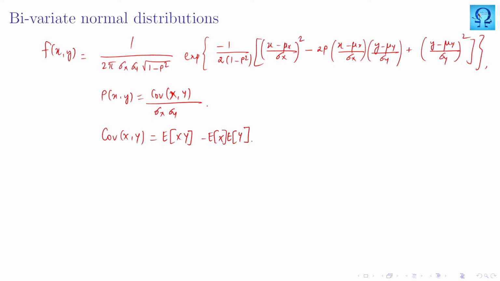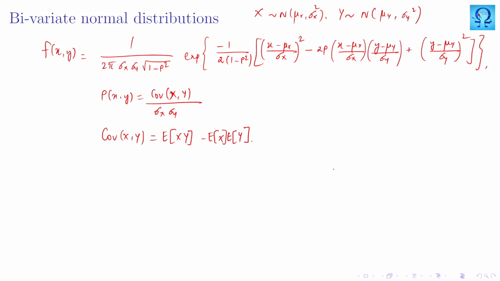Here x and y are normal random variables with mean mu x and variance sigma x square, and similarly y is a normal random variable with mean mu y and variance sigma y square.